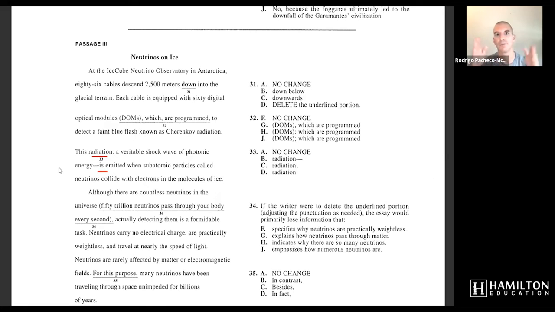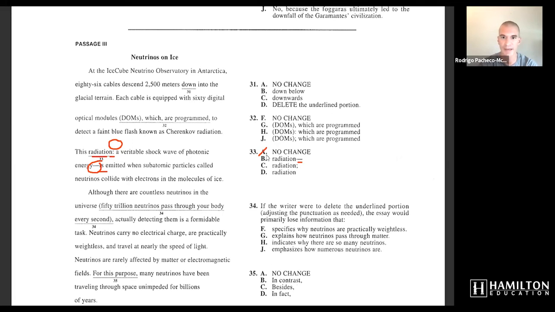The only time that we place things in between the subject and the verb is typically when we have non-essential elements. And we see that we have a dash as part of the text here already. So what we need is a second dash to frame those non-essential elements. We know that we can't use a colon.